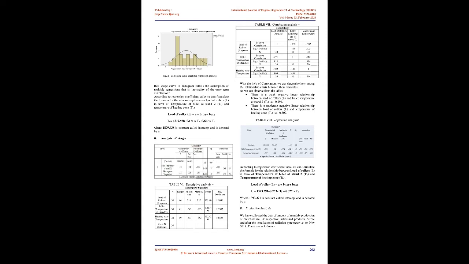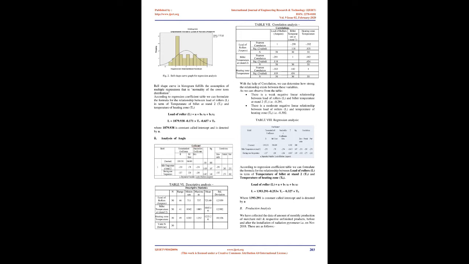The bell-shaped curve in the histogram fulfills the assumption of multiple regression, that is, normality of the error term distribution. According to the regression coefficient table, we can formulate the formula for the relationship between load of rollers, L, in terms of temperature of billet at stand 2, Ts, and temperature of heating zone, Th.